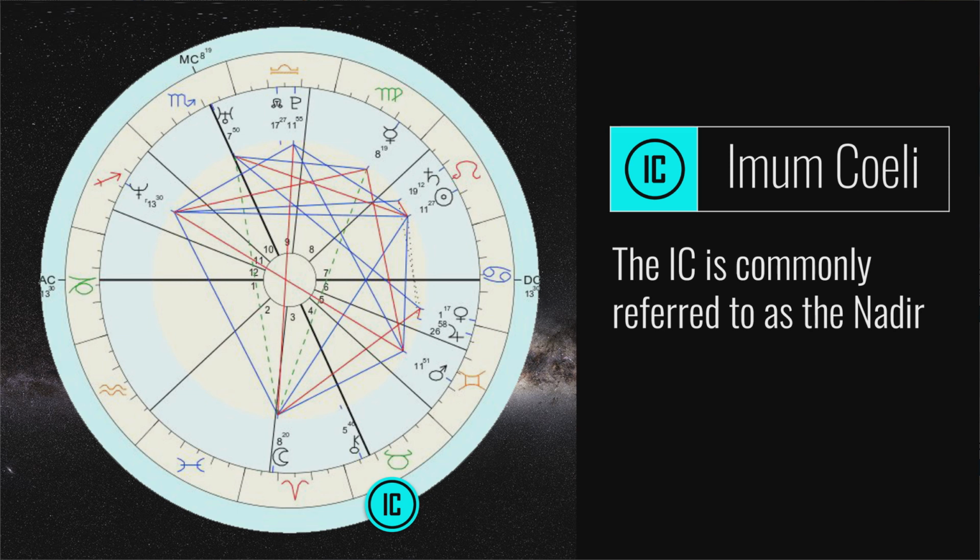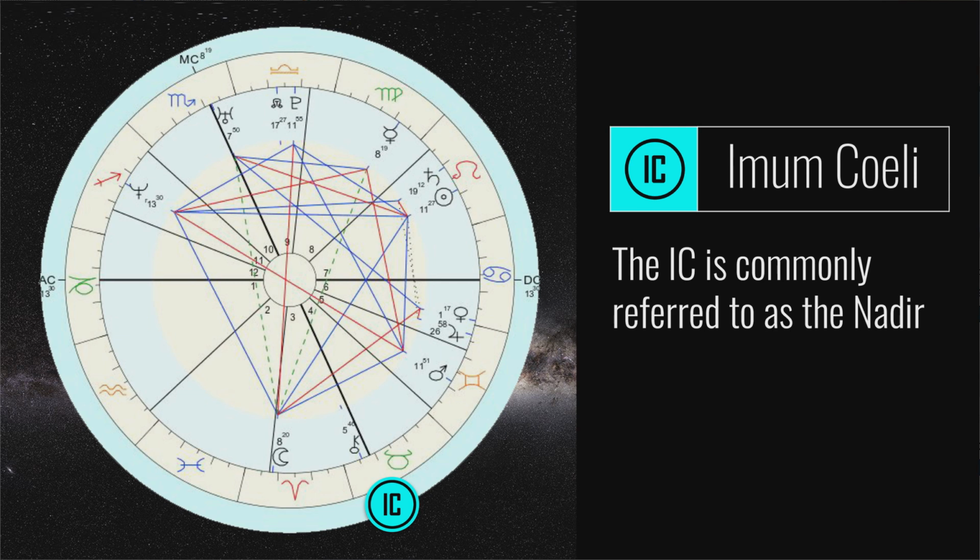So if there is an outer planet near the IC, particularly on the fourth house side, though it could be either, there may be some sort of trauma or challenging experience in this person's childhood that for some reason has stood out and been formative.